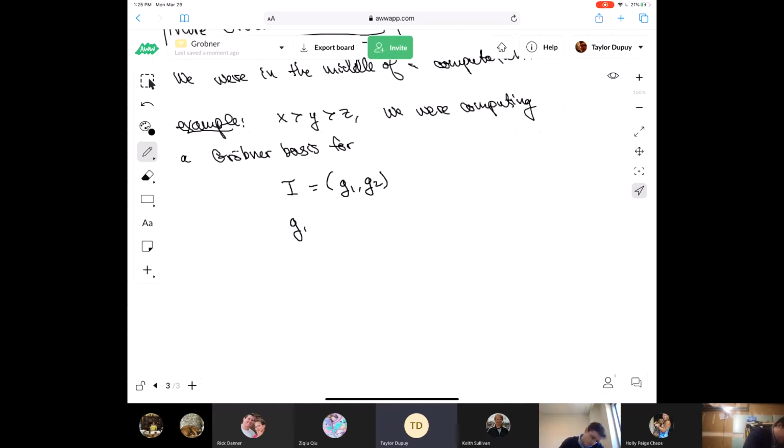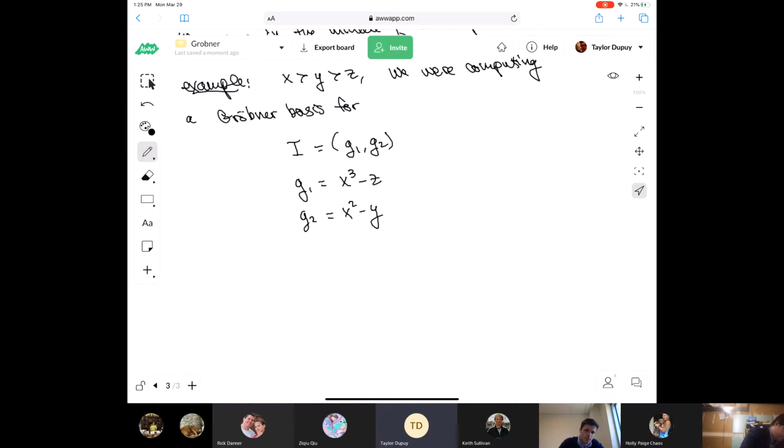G1 was equal to x cubed minus z, and G2 was equal to x squared minus y, I think, right?